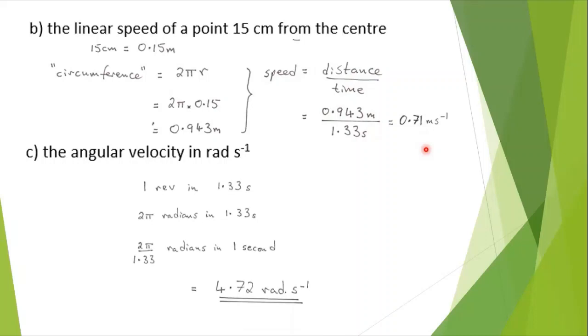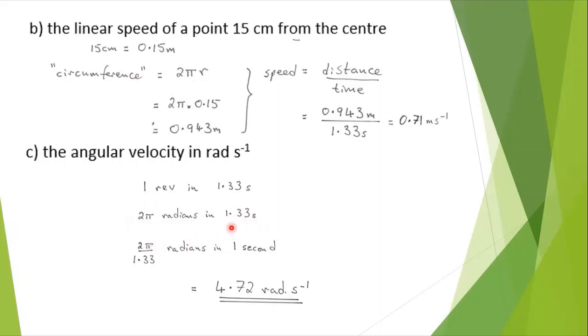What about the angular velocity in radians per second? Well, there are two ways of working with this. I can say, and this is the long-winded way of doing this, 1 rev in 1.33 seconds, 1 revolution is 2 pi radians, 2 pi radians in that many seconds.